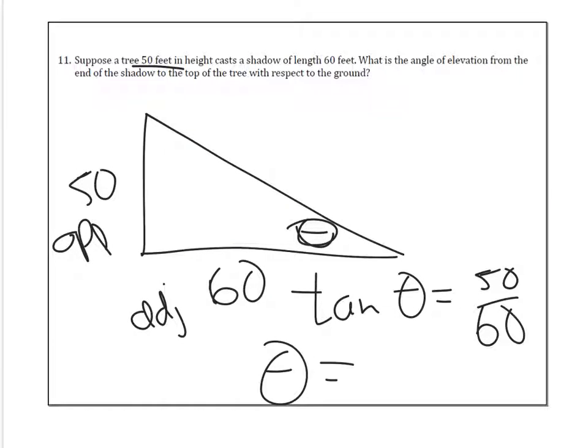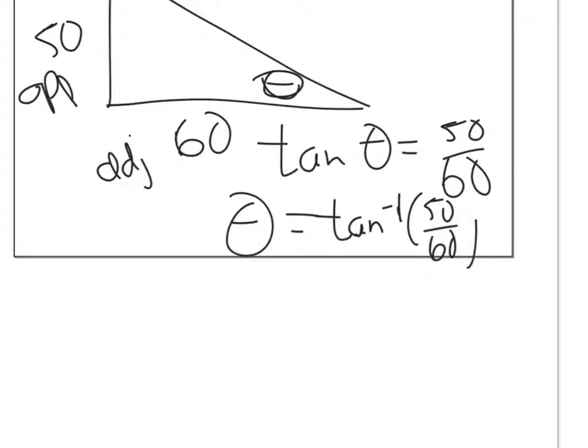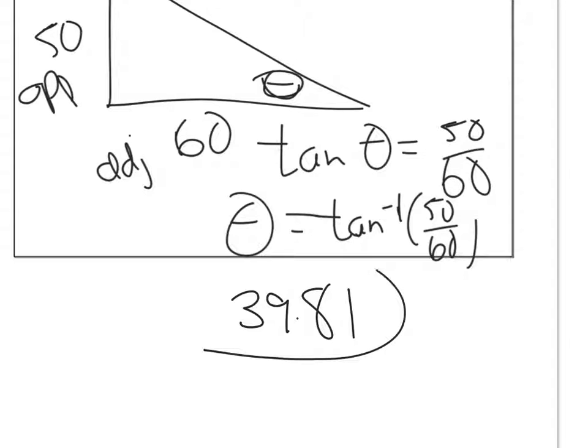So my angle theta is going to be equal to tangent inverse of 50 over 60. So tangent inverse, 50 divided by 60, is going to be 39.81. So that's going to be my angle measure.